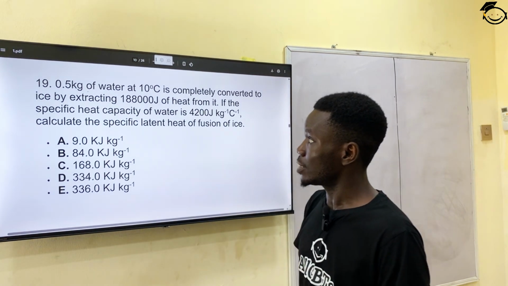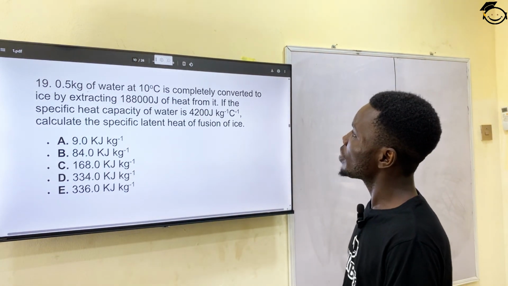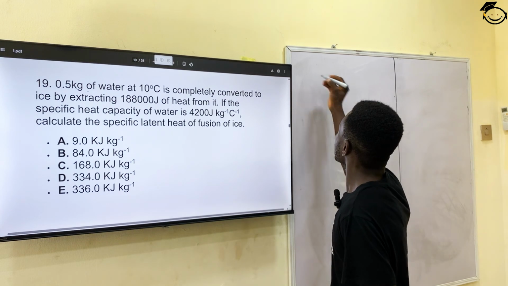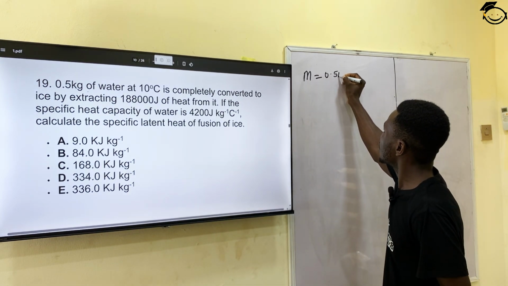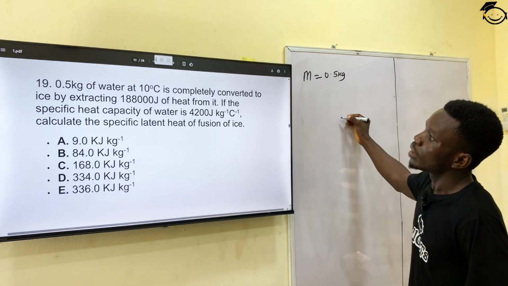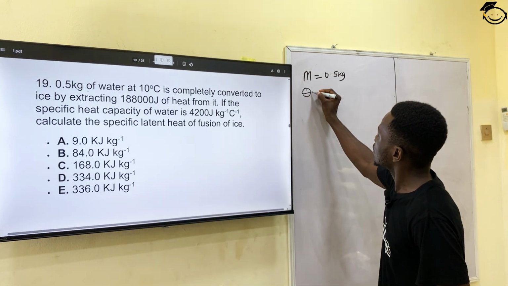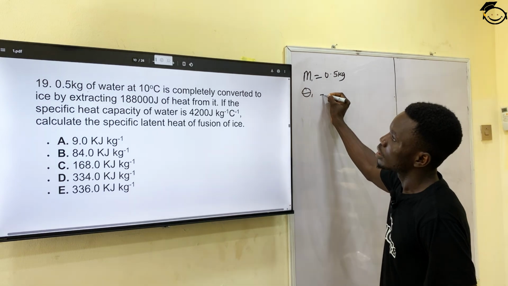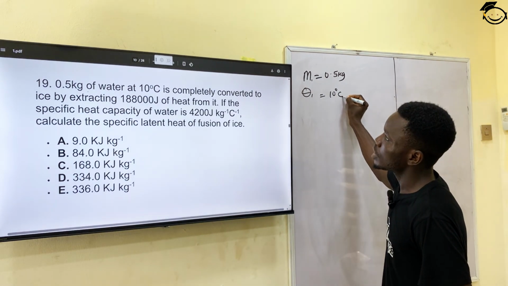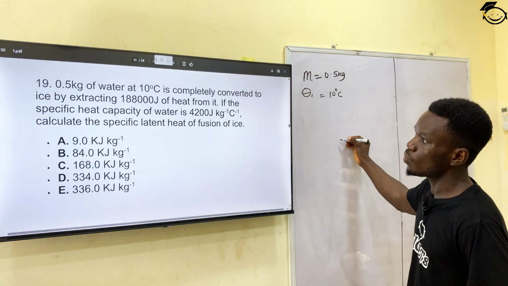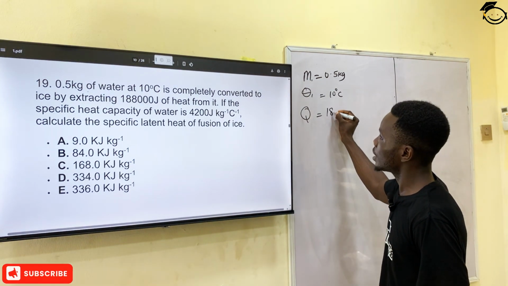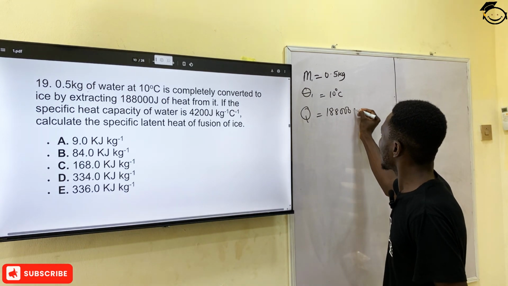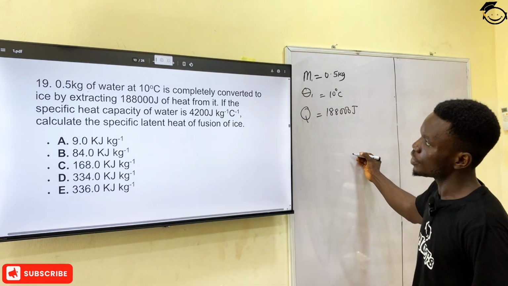So question number 19, which is our next question, says 0.5 kg of water. So we have the mass of water to be 0.5 kilograms at a temperature of 10 degrees Celsius. It's completely converted to ice by extracting 188,000 joules of heat from it.